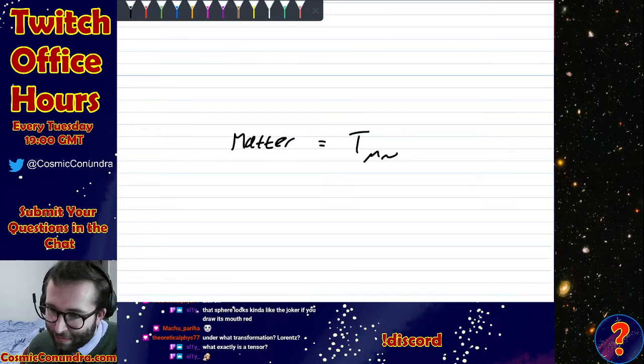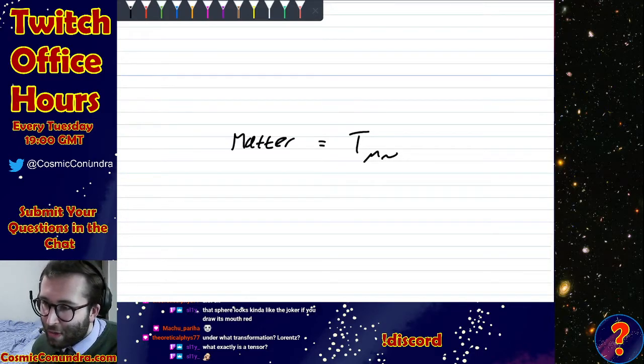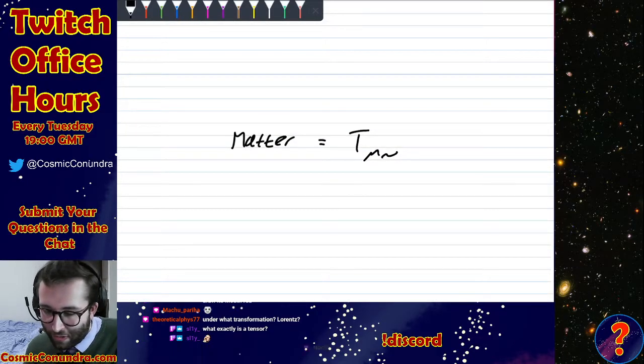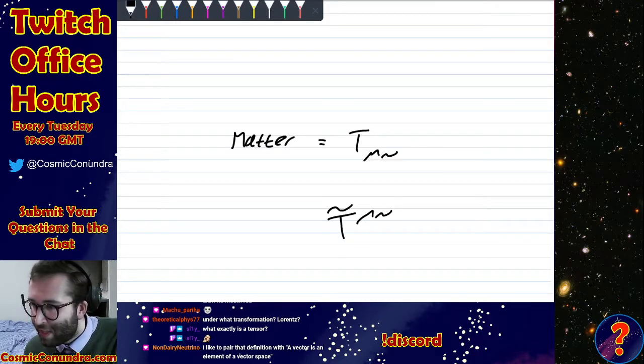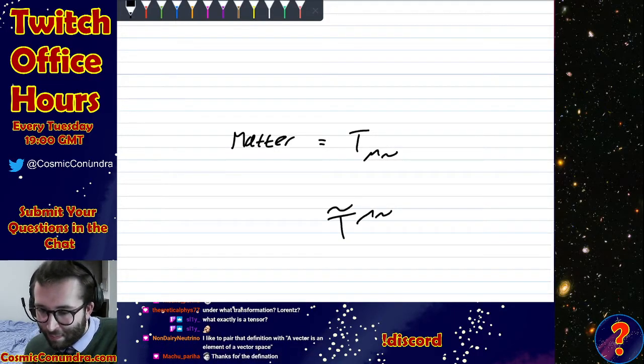But for our purposes, a tensor is something that when you transform it, so in our case, when you go to another observer's reference frame, the form of the equation doesn't change. It may be, if you go to another person's reference frame, it's just replaced by T mu nu, but with a tilde on top to show it's from a different person's frame. Okay.